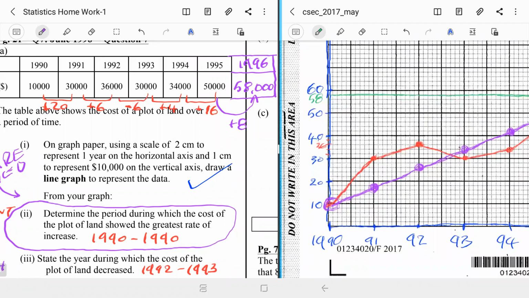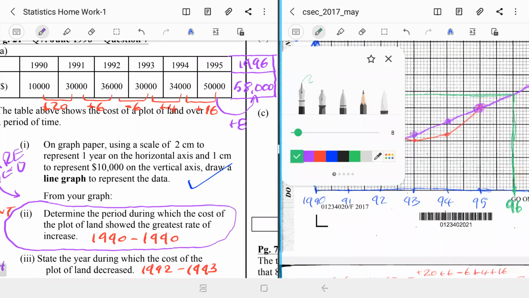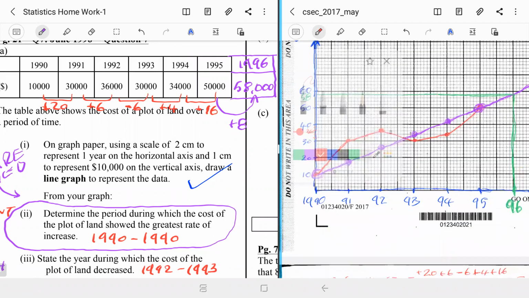And I can show that if you increase by 8 each year, you're going to end up at the 50. Watch this. Put them on in red for you. So if I start at 10 and I increase by 8, then this will be 18, won't it? Remember, it's 18,000. Again, that will be 18. And if I add 8 more, it should be 26.